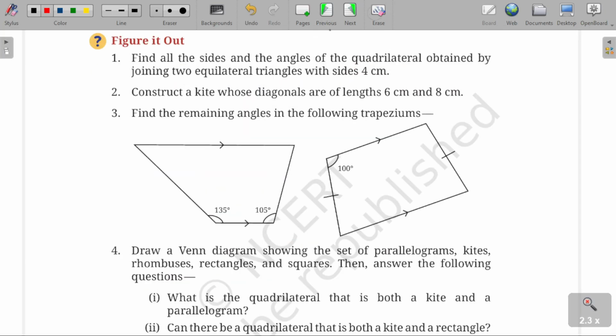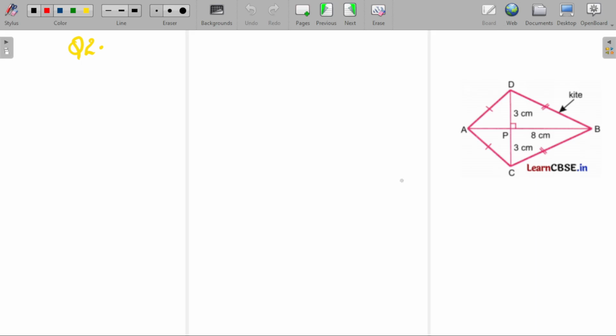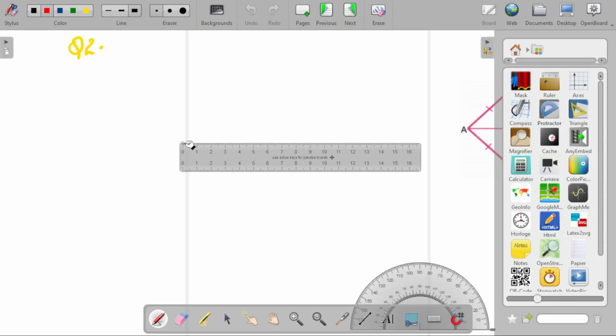Next question is: construct a kite whose diagonals are of lengths 6 centimeter and 8 centimeter. We are given the diagonals of it. So for this, let's draw the diagram. Here we first draw a line segment of length 8 centimeters.